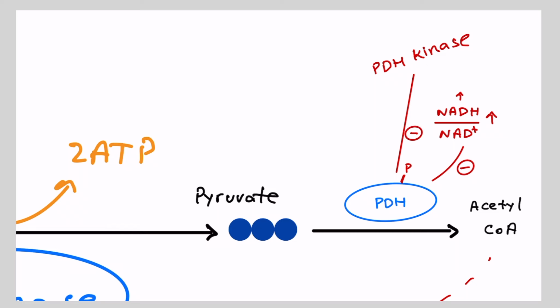So PDH kinase is going to inhibit PDH from going forward by phosphorylating it. On the other hand, we have something we call PDH phosphatase. PDH phosphatase, as the name suggests, is going to dephosphorylate PDH and it's going to activate it.